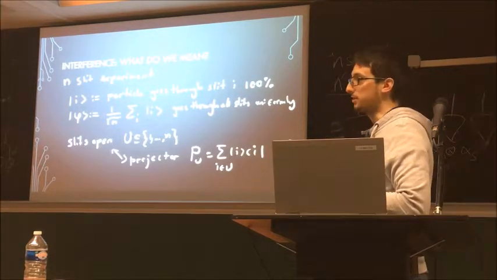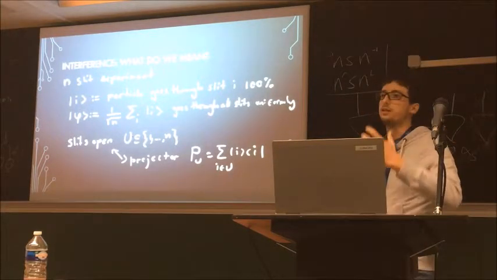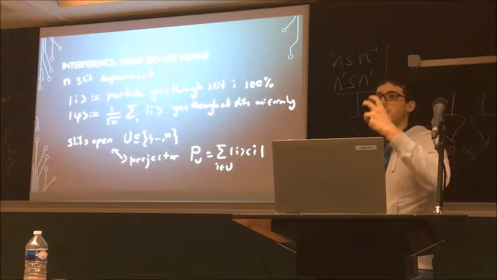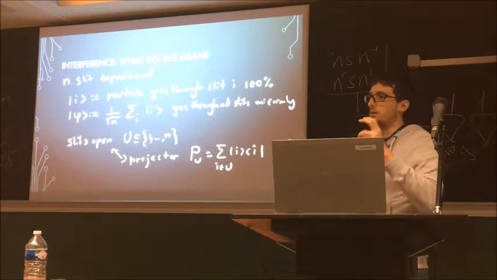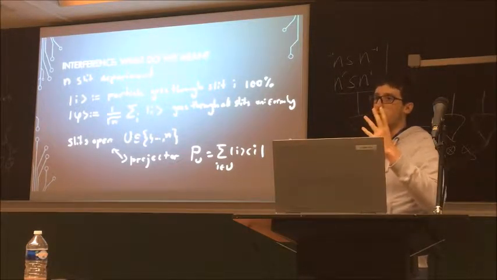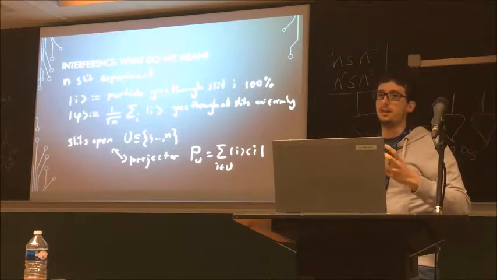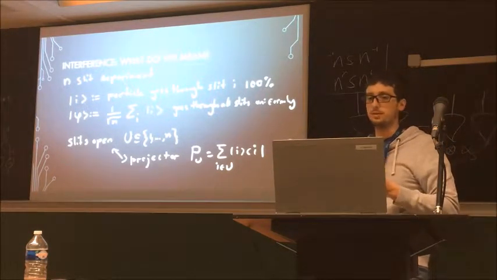If you have some subset of the n slits which is open, that corresponds to projecting onto the corresponding basis vectors. So it will only keep the basis states that pass through those slits with certainty, and all the others will be discarded. Of course, this is a linear setting, so every state will just be projected onto this subspace.